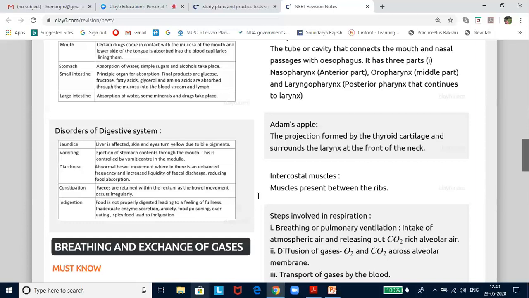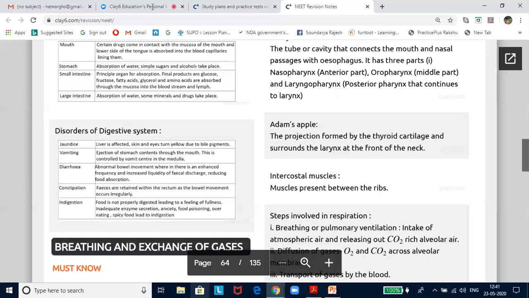The causes of indigestion are inadequate enzyme secretion, anxiety, food poisoning, overeating, and sometimes even very spicy food. So with this, we complete the important points that need to be covered. Now let us look into the tests.